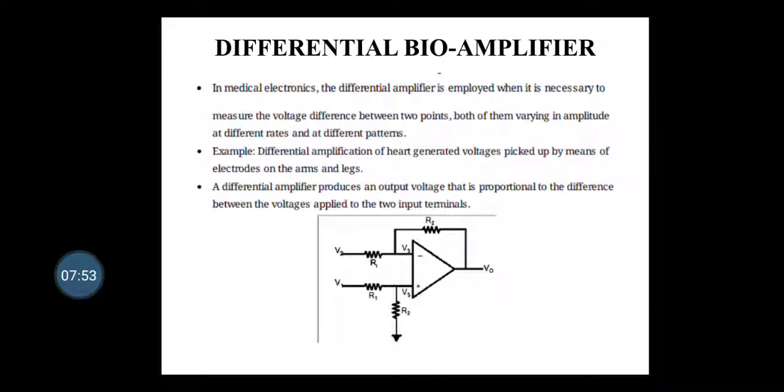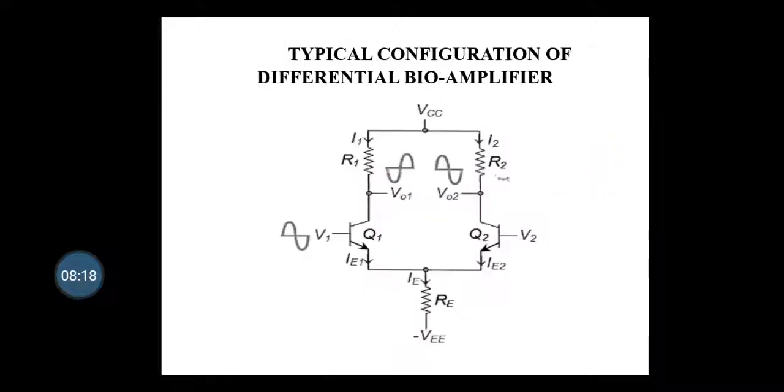Example: differential amplification of heart generated voltages picked up by means of electrodes on the arms and legs. A differential amplifier produces an output voltage proportional to the difference between the voltages applied to the two input terminals. I hope you all understand what is meant by a differential amplifier and how it works.